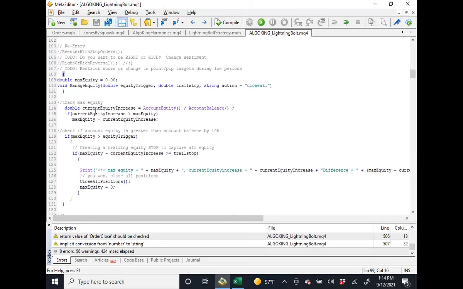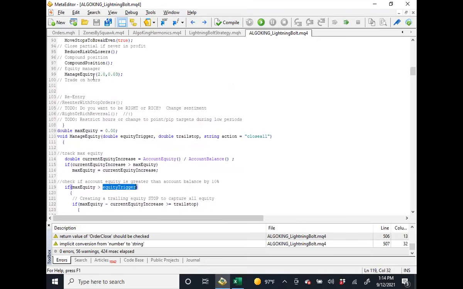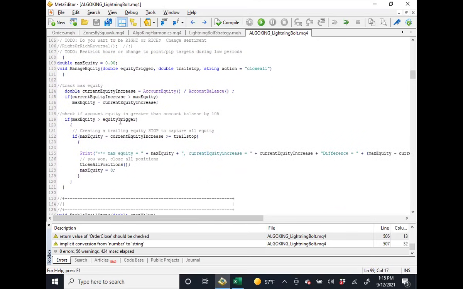And basically, if we were to walk through it, I'm getting the current equity and I'm comparing it to the max equity here. I say if my current equity value is greater than what I've already captured as my maximum equity for running positions, I then update the max equity value to be what the current value is. And I maintain that. And then I test and I say, hey, if the max equity is greater than my equity trigger, which in this case we said 2.0, which is 100% growth, then I do something else.